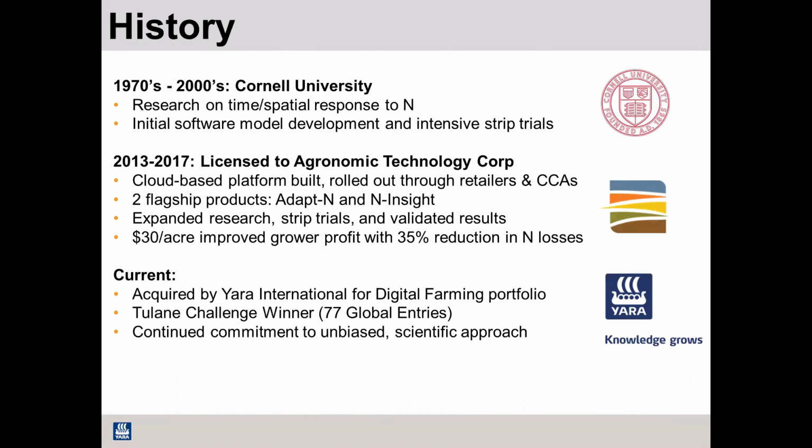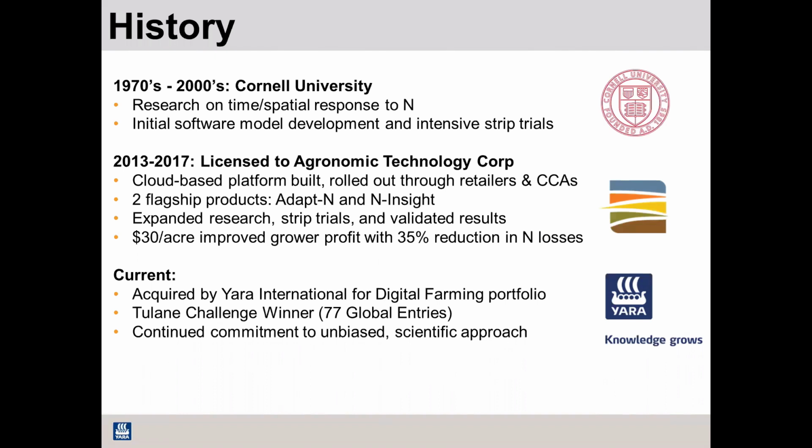They were doing a lot of very intense research on time and spatial response to nitrogen as it relates to corn. They created an initial software model that was on their website, and worked with small plot research and strip trials to build a database of information that helped calibrate and continue to test the model. Starting in the 70s and ultimately continues today.